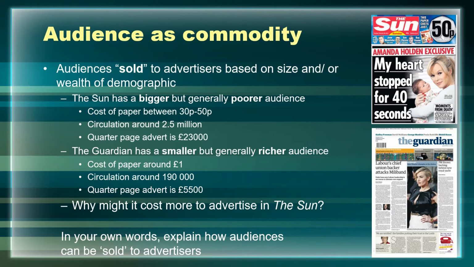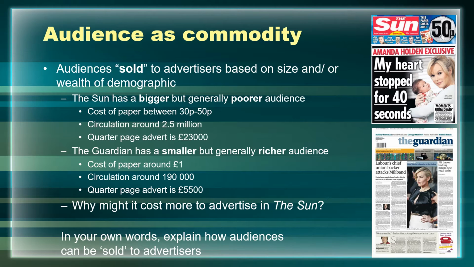The Guardian's audience is quite small, so even though it's wealthy, from an advertiser's point of view, they'll be quite lucky to get hits from the Guardian's audience, given how few of them there are. When there's 2.5 million people being exposed to an advert, you are far more likely to get success from that advert.